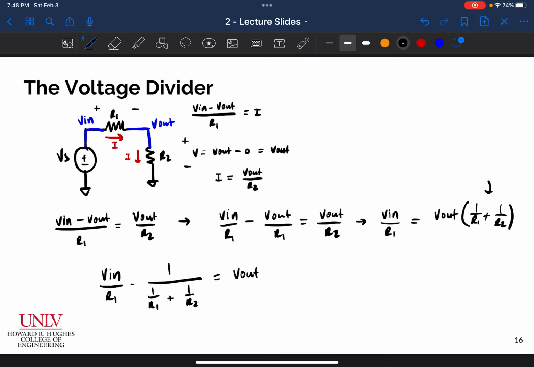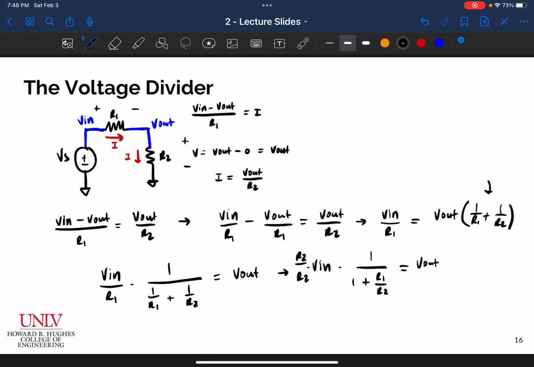And this is messy, but I can rearrange this. I can do some algebra here. If I multiply the R1 in, I end up with V in times 1 over 1 plus R1 over R2 equals V out. And now all I have to do to make this look nice and to get my final equation for the voltage divider is multiply the top and bottom of the left-hand side by R2.